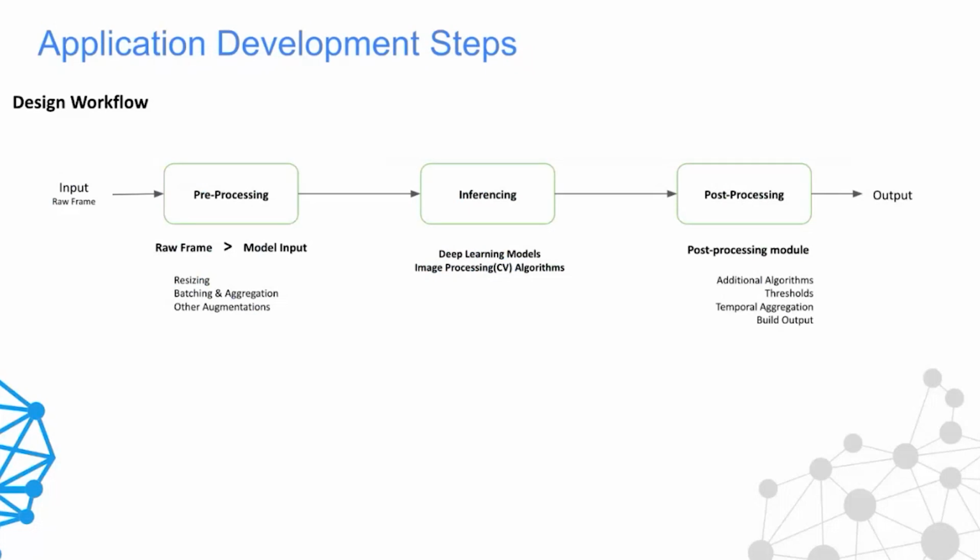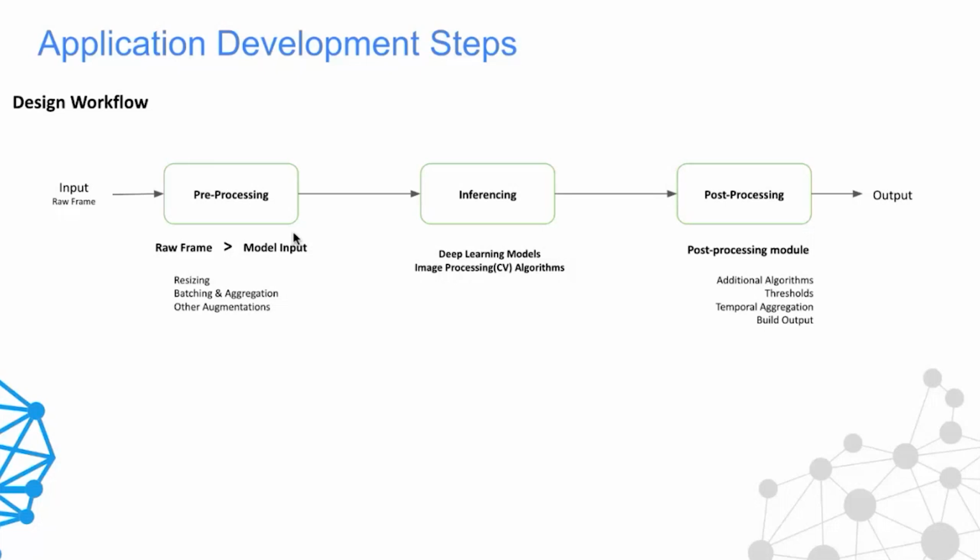To build the application Cerebro, I have a simpler version of the application I'm going to go through. The first step as part of development of the application is to write down your workflow. To design your workflow, over here we have the input frame that is coming directly from the endoscope. Then we have the pre-processing layer.